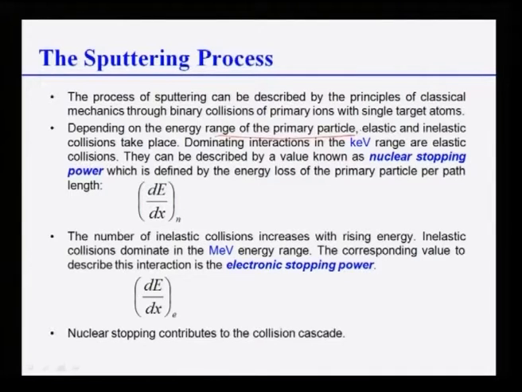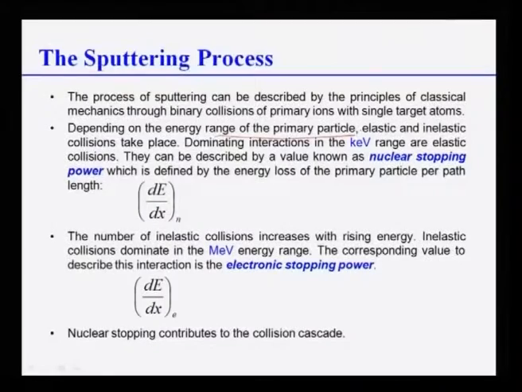That is why very high energies lead to a lot of inelastic scattering, which is not good. In those cases, the corresponding value to describe the interaction is known as electronic stopping power. Nuclear stopping power actually contributes to the collision cascade. These are the two effective ways of describing this sputtering process.